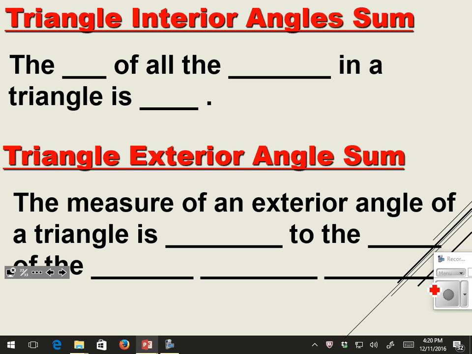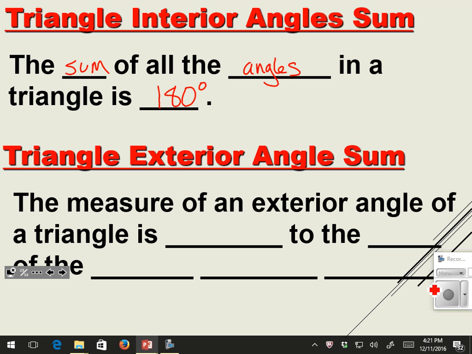What goes into the first blank? I'm going to help you out. I think the word is sum. The sum of all the angles in a triangle is 180 degrees.